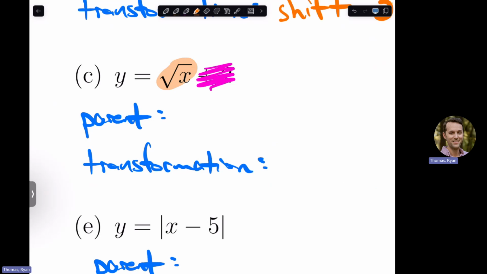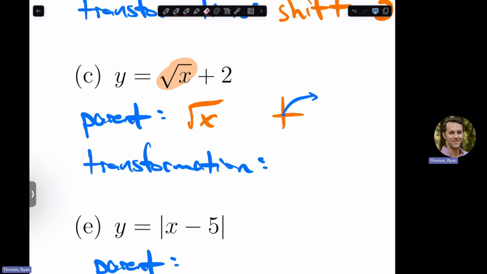Thank you, Carly. Pew! Right, starts at the origin and just sort of curves upward and to the right, like pew. That's the square root function. Okay, lives in quadrant 1, domain and range both, 0 to infinity, 0 is included because the square root of 0 is 0.